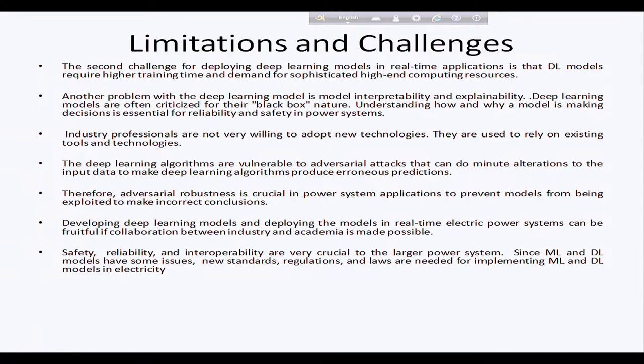Now, another important problem regarding the deep learning model is that it is a black box. What is going on inside is not explainable. In a power system, there are issues that need to be explainable. Why is it saying that it is better? Say forecasting accuracy is 90%.